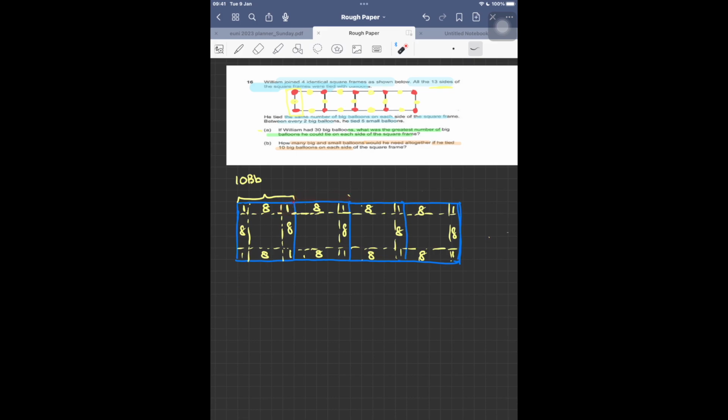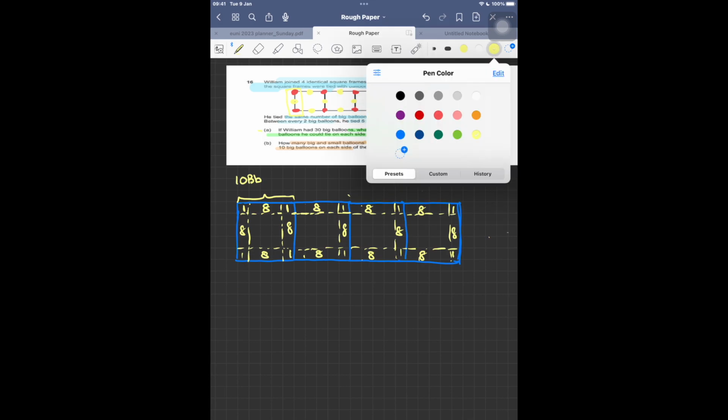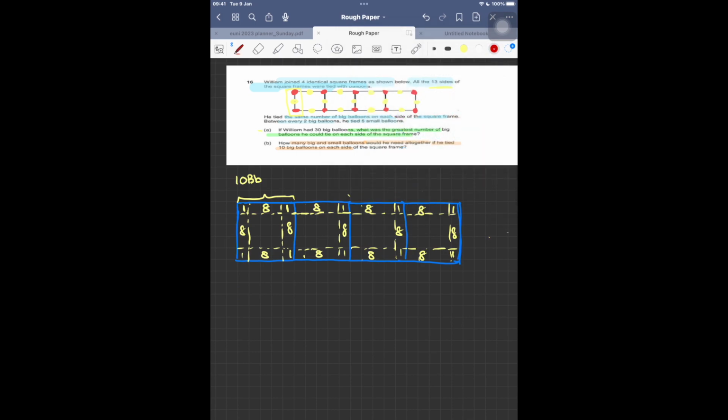This big balloon is already counted under this side. So over here to here I have 9 big balloons. Here to here I have 9 big balloons also. Here to here will be 9. So I will just label all the 9 big balloons here.